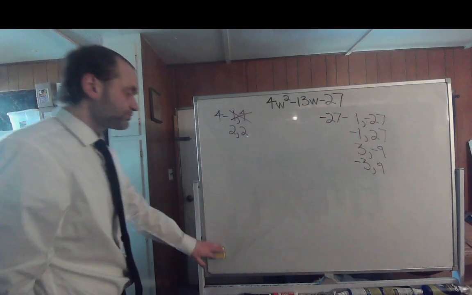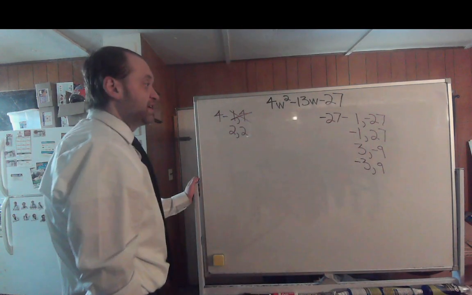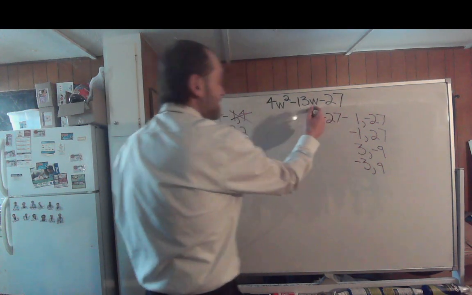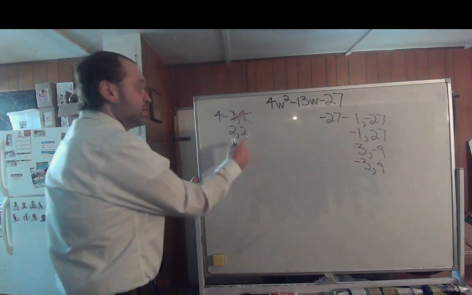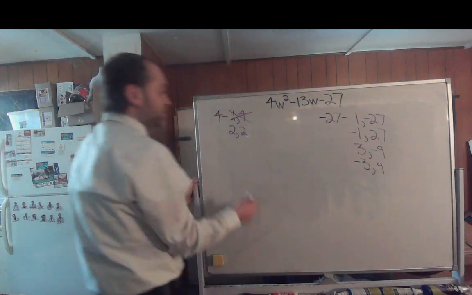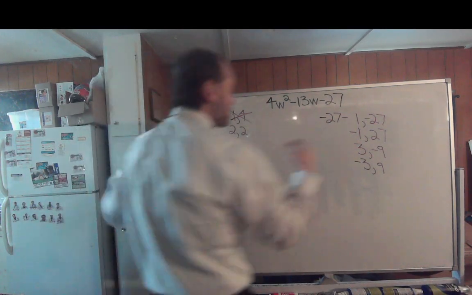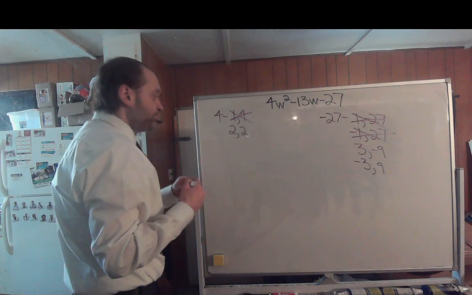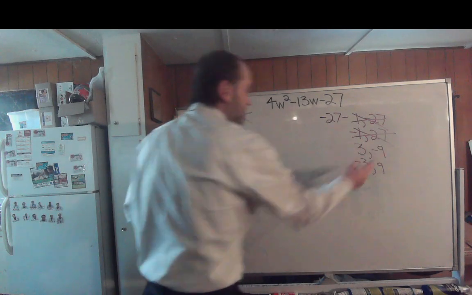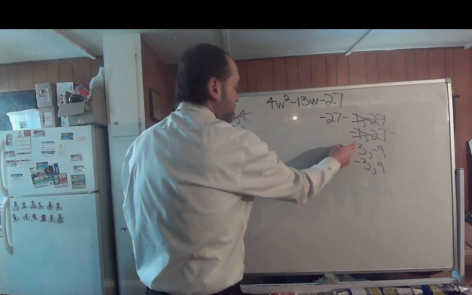So 2 times negative 27 is negative 54, plus 2 would give me negative 52. Not going to work. 2 times 27 is 54, minus 2 would give me positive 52. Not going to work. So we're going down the list of what doesn't work. 2 times negative 9 is negative 18, plus 2 times 3, which is 6.